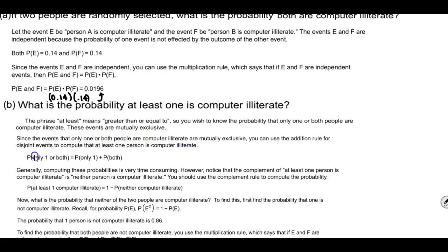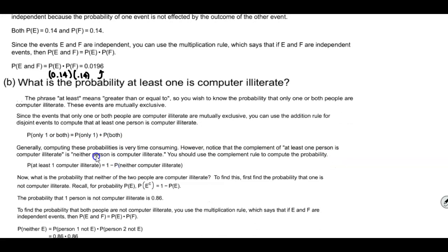So the probability of only one or both is equal to the probability of only one plus the probability of both. Now, generally, computing these probabilities is very time consuming. However, notice that the complement of at least one person is computer illiterate is neither person is computer illiterate.